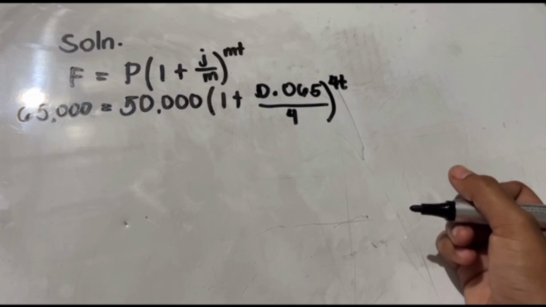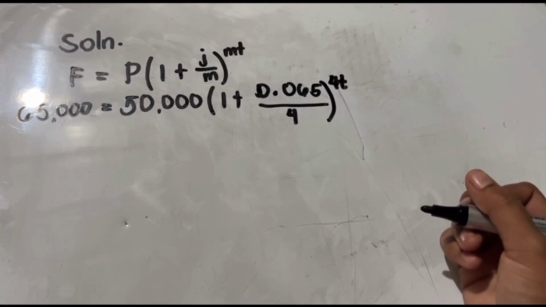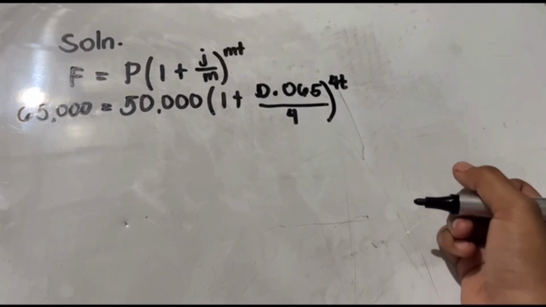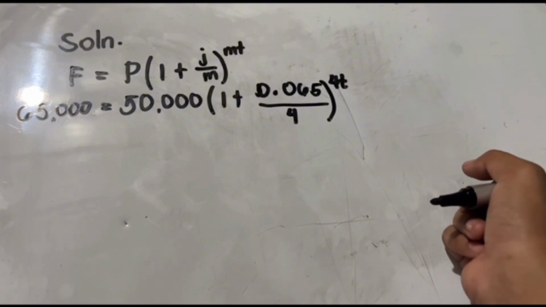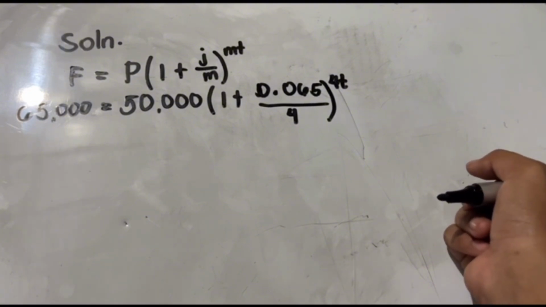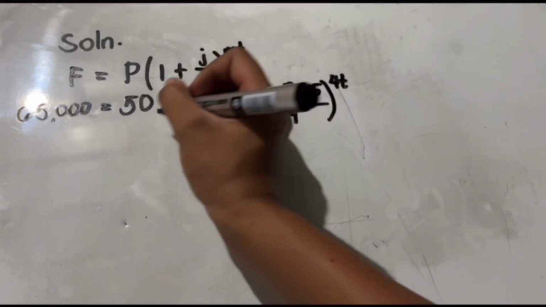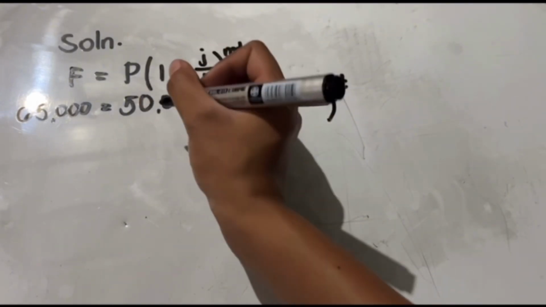And now we want to isolate the term with the exponent. So we do this by dividing both sides by 50,000.